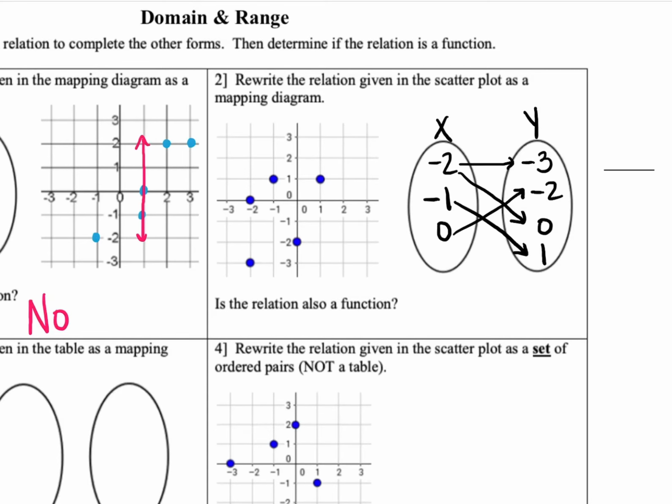And we have an x coordinate of 1 goes to a y coordinate of 1. So this relation is not a function because if we look at our graph here, we can draw a vertical line and it would hit our graph more than once. We can also look at our mapping because we have -2 goes to -3 as well as to 0.